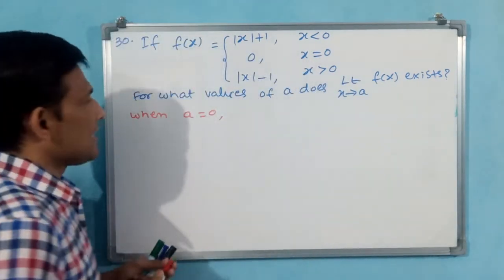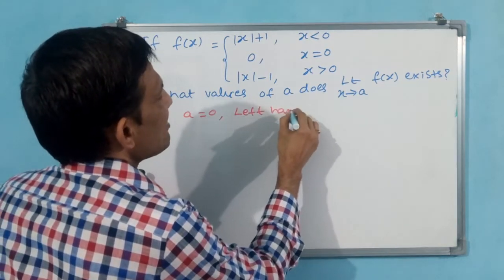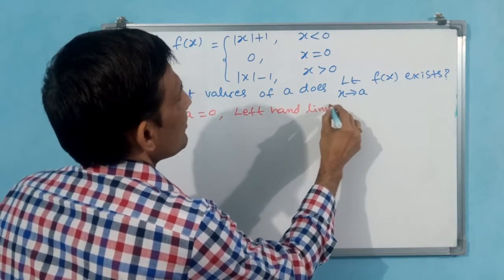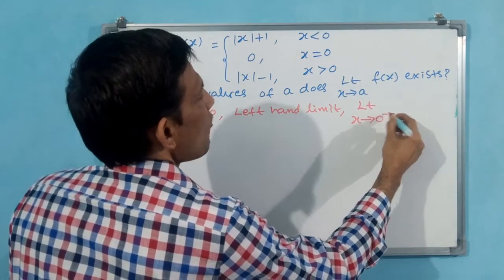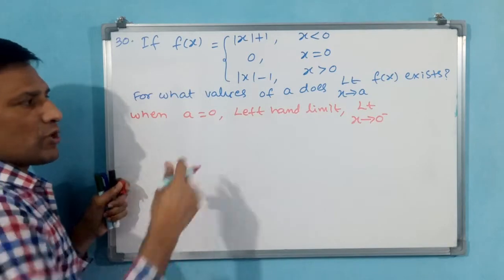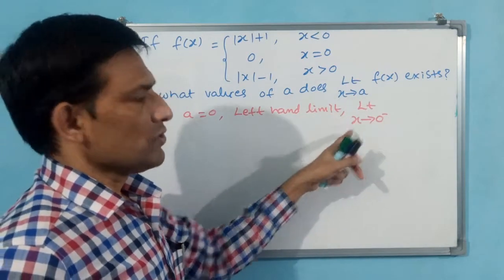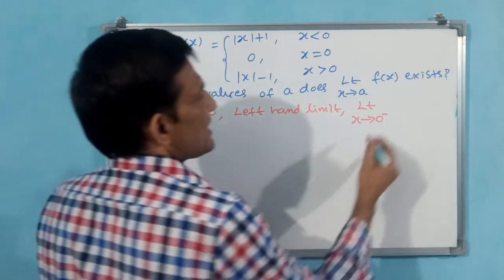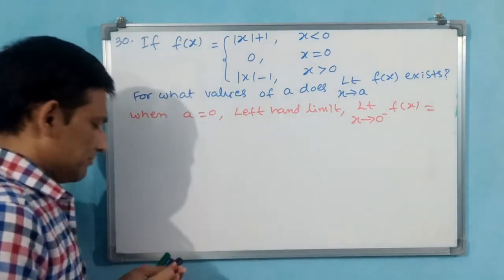When a is equal to 0, left hand limit, limit x tends to 0 minus f of x, that is equal to.